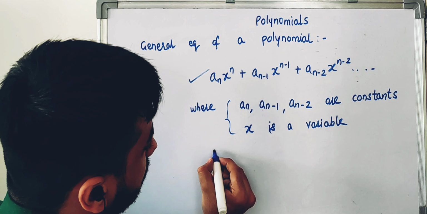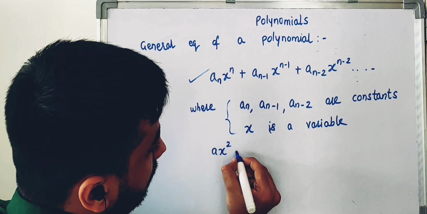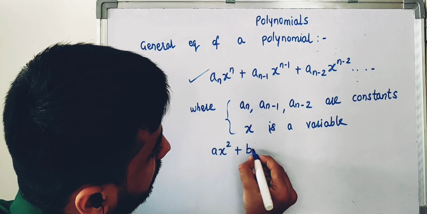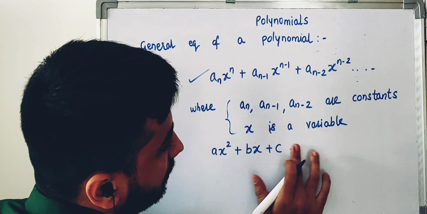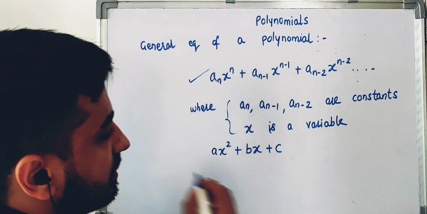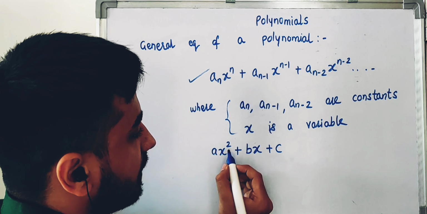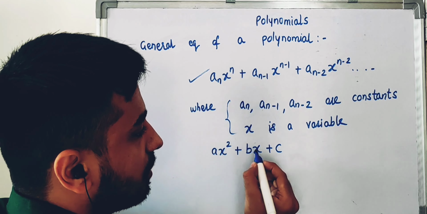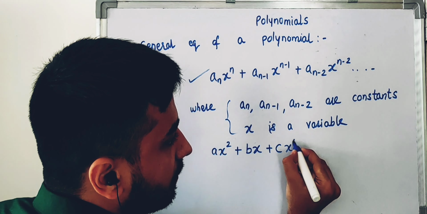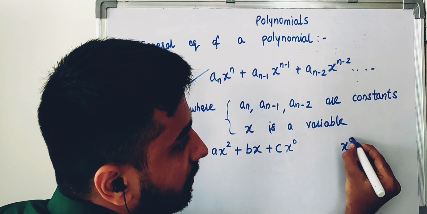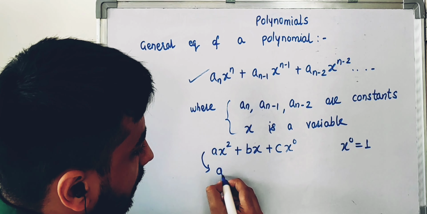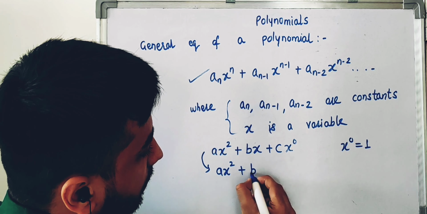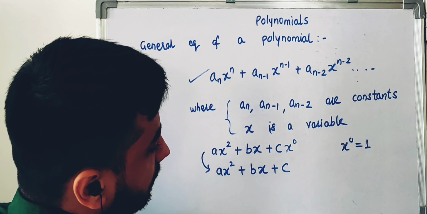For example, ax square plus bx plus c. First of all, see, the power of x is decreasing. X to the power 2, x to the power 1 and x to the power 0. We know that x to the power 0 is nothing but 1. So we can write this as ax square plus bx plus c.